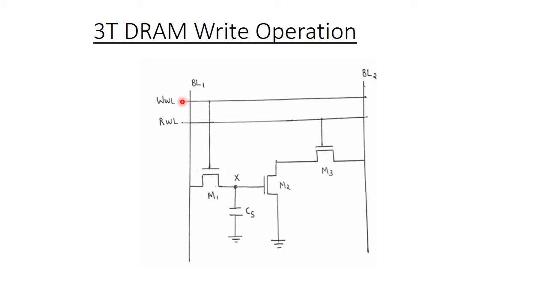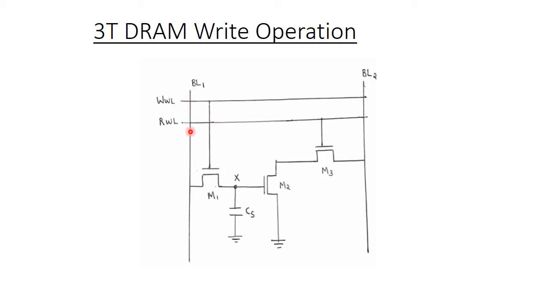So with that in mind, we can move on to the write operation. During the write operation we need to enable the write word line, and the read word line has to be disabled, or its word line will be charged to 0 itself, and this will be made high. And one more thing, we are doing the write operation, so we have two options, either to write bit 1 or to write bit 0.